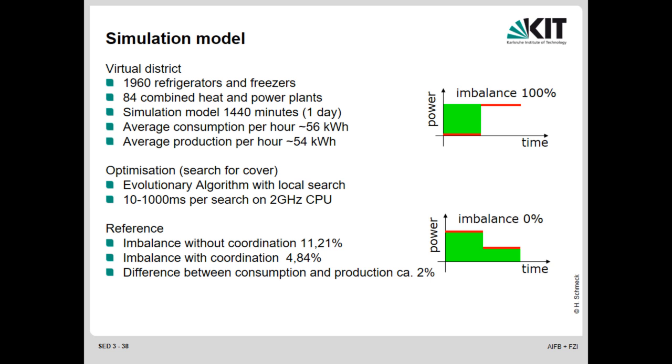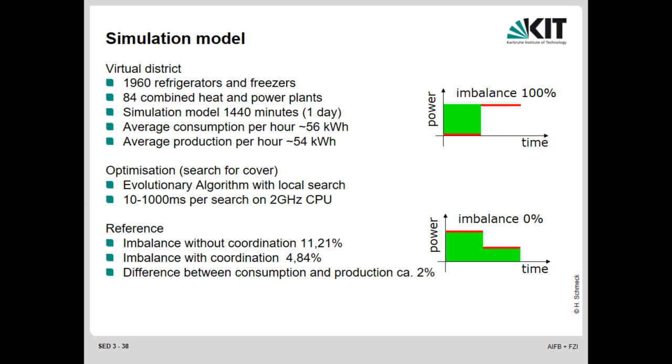First of all, I have here a few slides on what this optimization actually would do. So we have a simulation model where we have around 2,000 refrigerators and freezers in some pool. We have 84 combined heat and power plants. We run a simulation model for one day, 1,440 minutes.